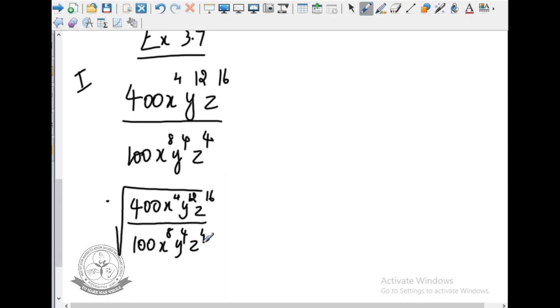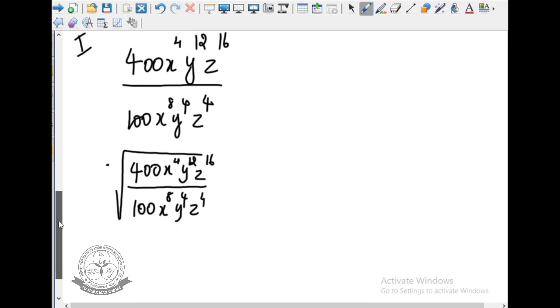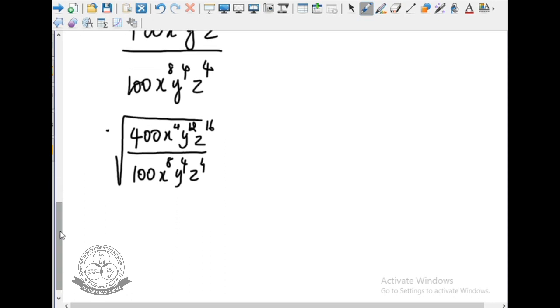Here we can do two methods. I am going to do it this way: first take the square root of the numbers. The square root of 400 is 20, then divided by 100, the square root of 100 is 10.